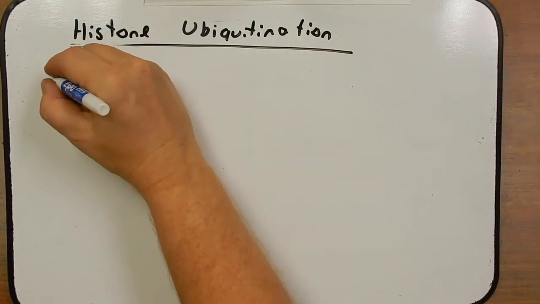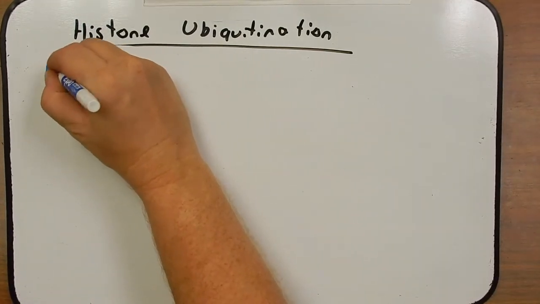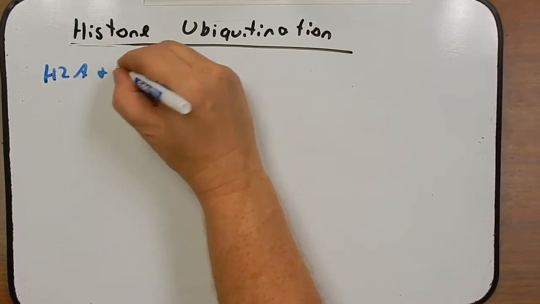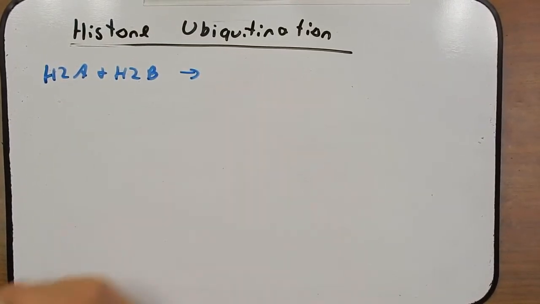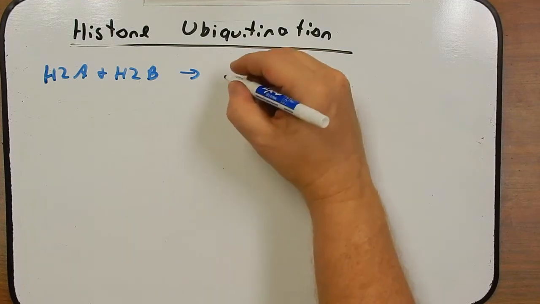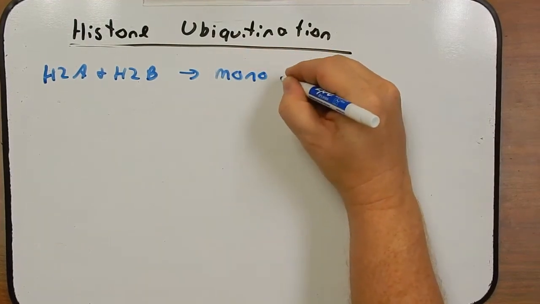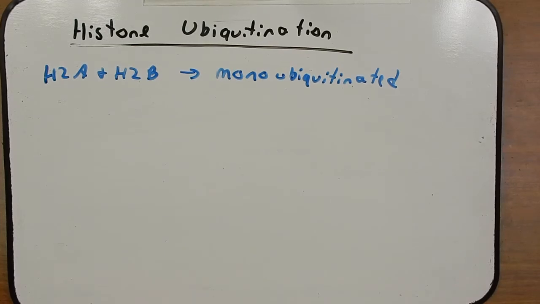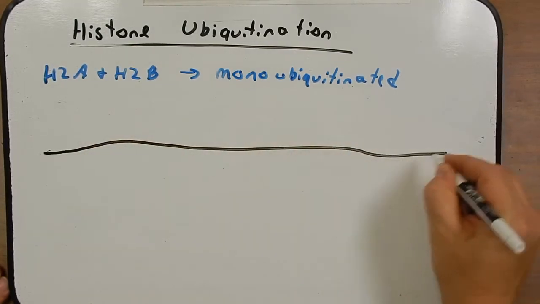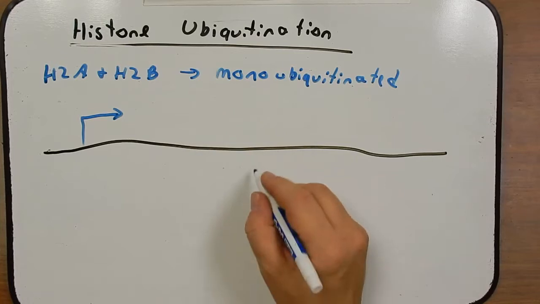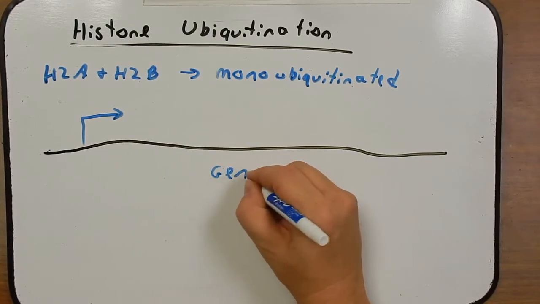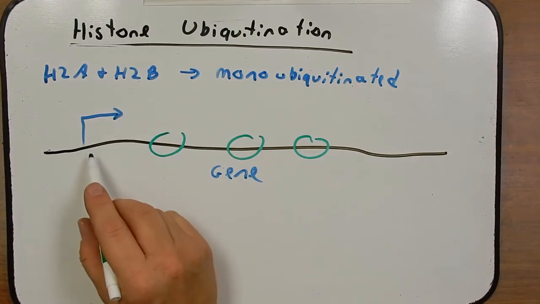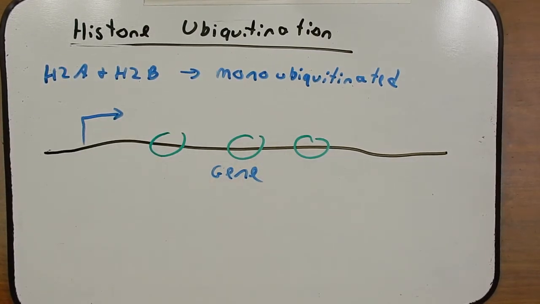So what's different here is that H2A, these are its preferred targets, H2A and H2B receive a single ubiquitin. So they are mono-ubiquitinated. So what is it doing? Well, let's draw our piece of DNA here, and let's say this is a gene right here that we're transcribing, and the histones are still loosely attached to it, but enough is exposed so that the RNA polymerase can move along.